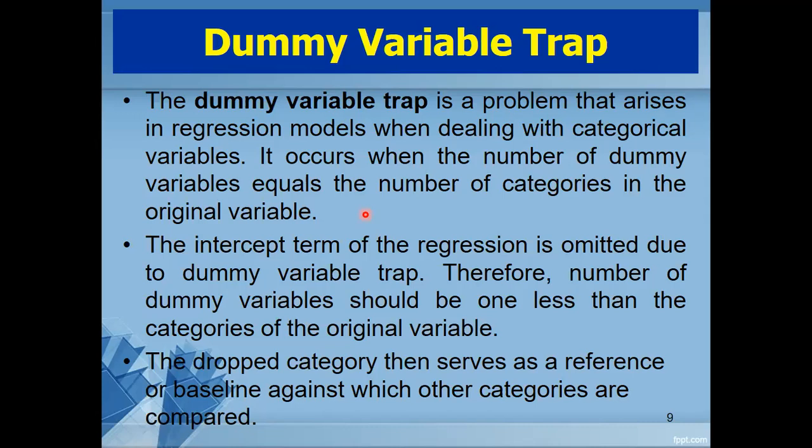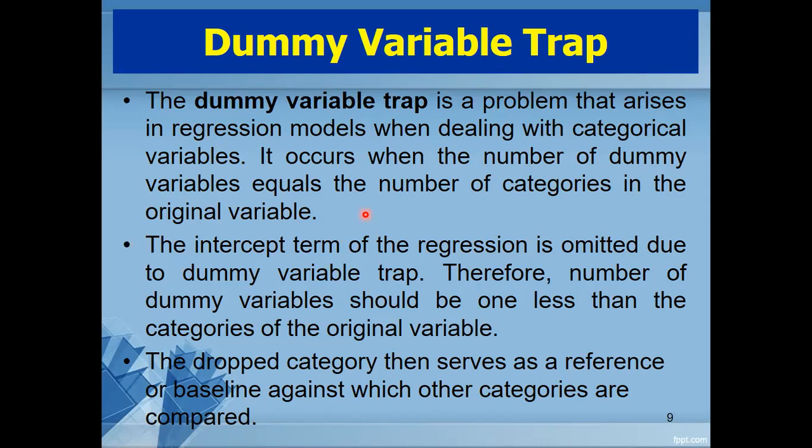The dummy variable trap occurs when the number of dummy variables is equal to the number of categories of the qualitative variable. When the dummy variable trap is there, the model automatically skips the intercept term of the regression equation, right? So we should escape from this dummy variable trap.